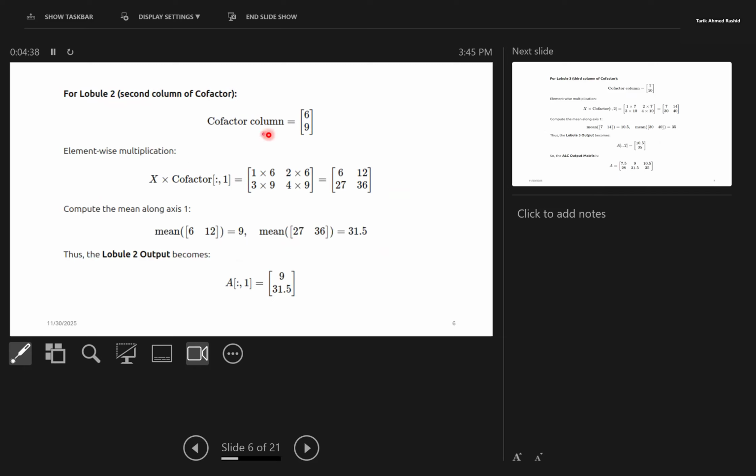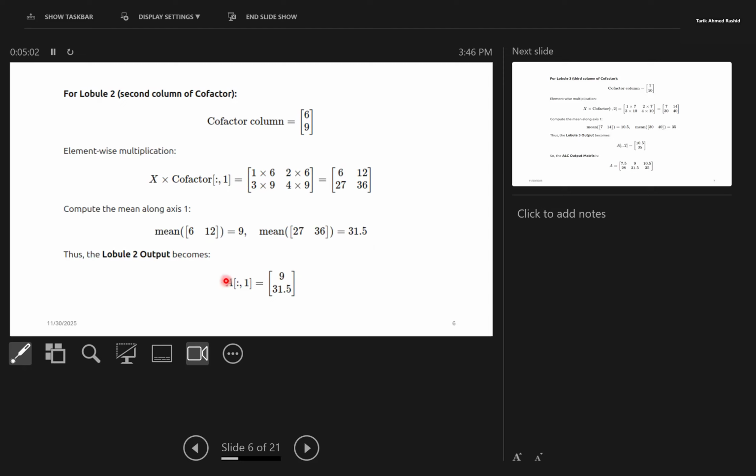Now, for lobule 2, the second column of the cofactor, 6 and 9. So x times the second column: 1 times 6, 2 times 6, 3 times 9, 4 times 9, and those are the results. The mean of 6 and 12 is 9, and the mean of 27 and 36 is 31.5.